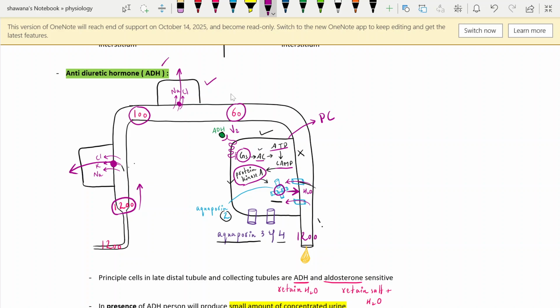In the absence of ADH, the luminal membrane is not permeable to water. But in the presence of ADH, it becomes permeable to water due to the insertion of aquaporins into the luminal membrane with the help of protein kinase A. Although other types of aquaporins, like 3 and 4, are present on the basolateral membrane, they are of no function as far as water reabsorption from the lumen is concerned, right?